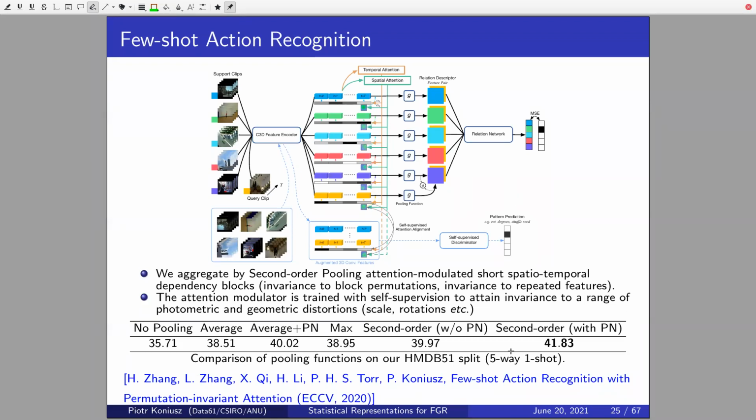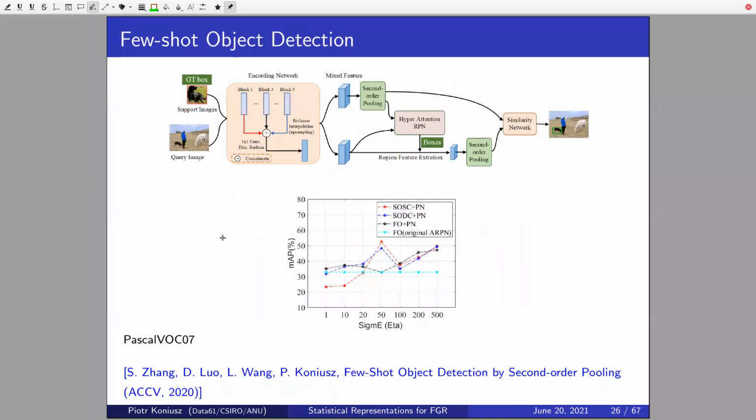And the important message is again that the use of second-order pooling is better than, for instance, first-order average pooling. Another example is few-shot object detection. So one can get ground truth bounding boxes and a query image, pass them through some network, and apply second-order statistics. And again, the story is very similar. The second-order variants outperform first-order variants.